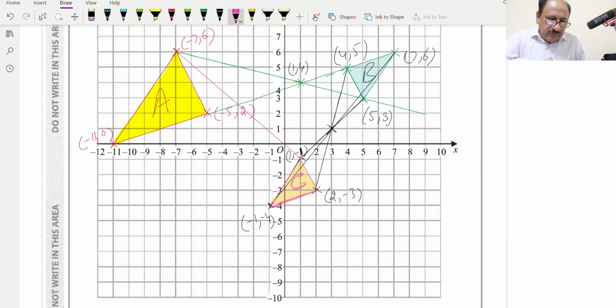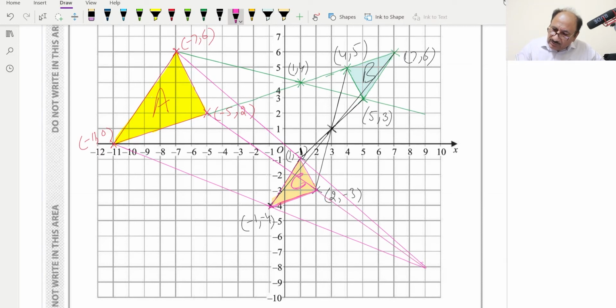If we join these two vertices and extend this one, and this will be extended over here like this, and the other vertices also we can join, and this one we can find the center of enlargement, and the third vertices also we can join to find the center of enlargement, and this will be the third vertex which we can draw like this.